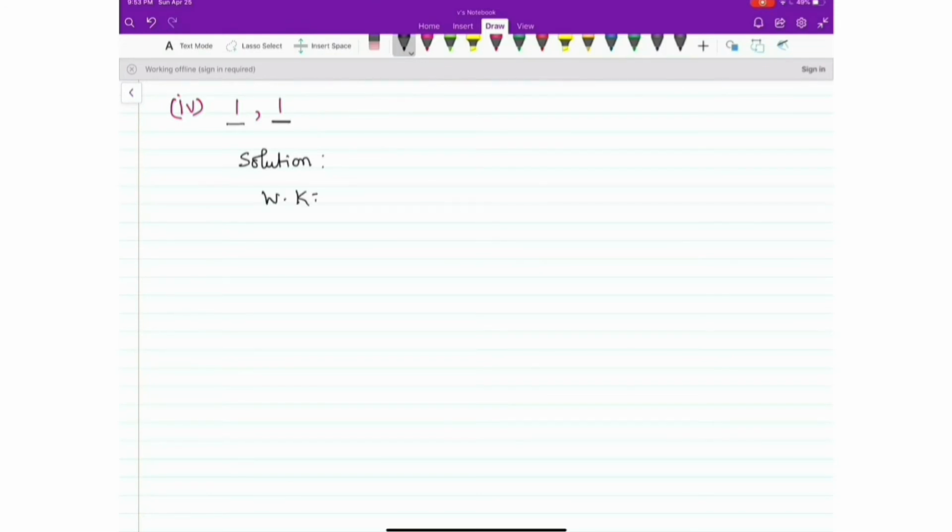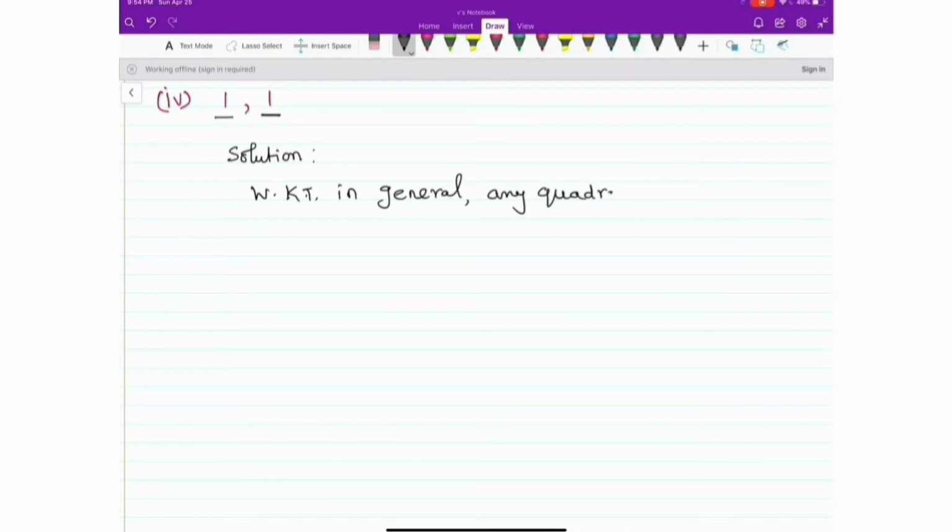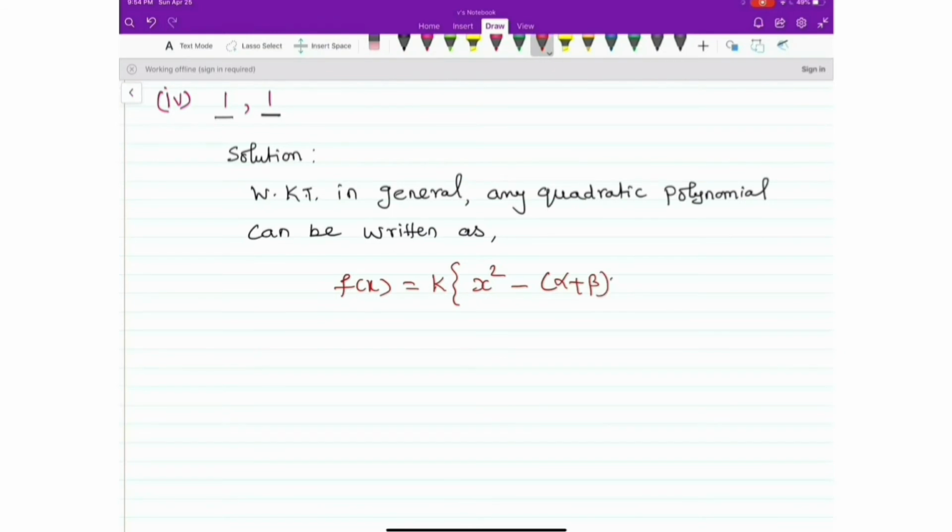We know that in general, any quadratic polynomial can be written as f of x is equal to k into x square minus alpha plus beta into x plus alpha beta, where k is any non-zero real number.